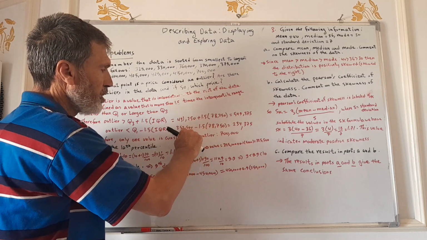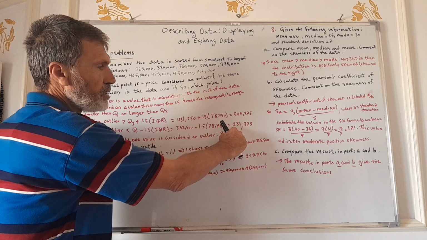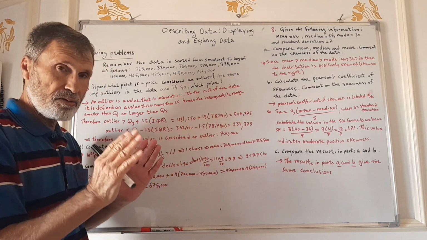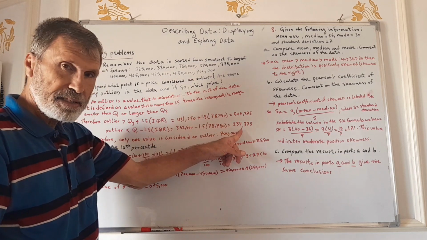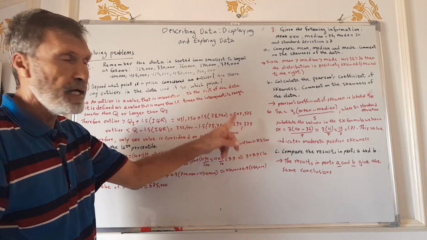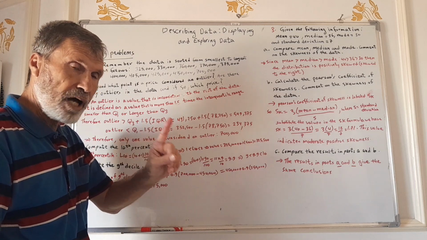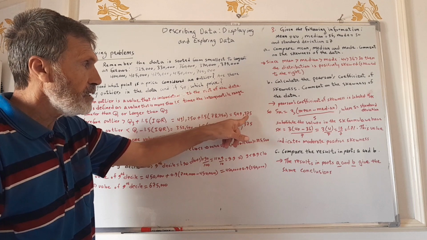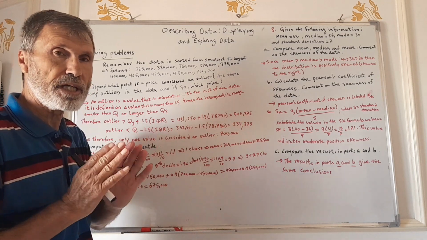When we do the calculation, we come up with 234,375. So any value that is less than this is considered an outlier, and any value that is greater than 549,375 is considered an outlier.